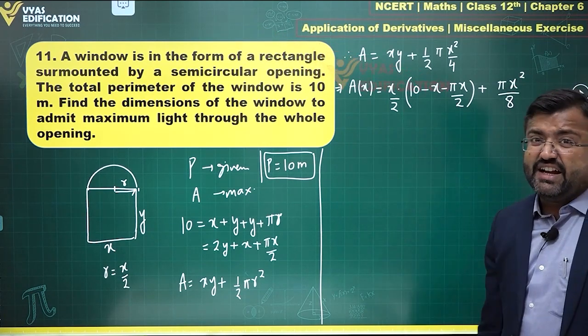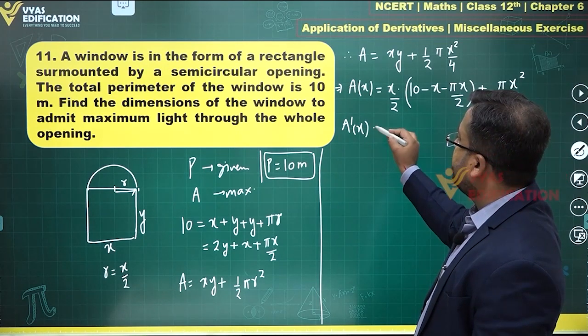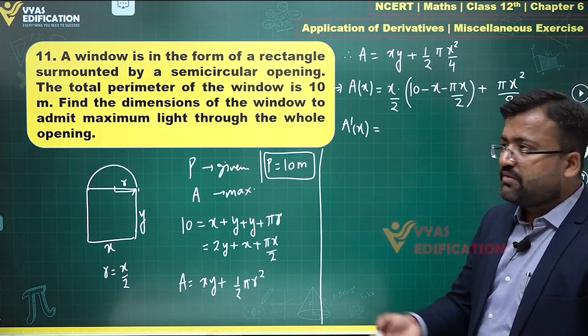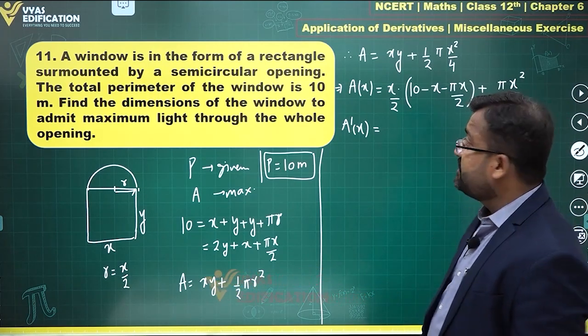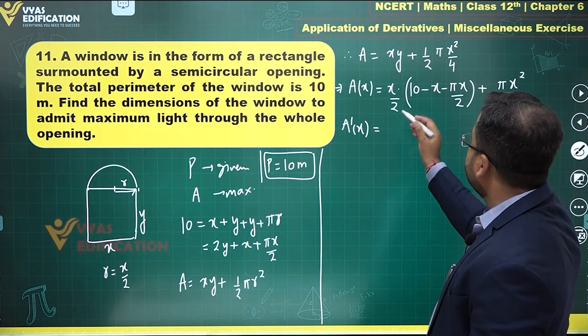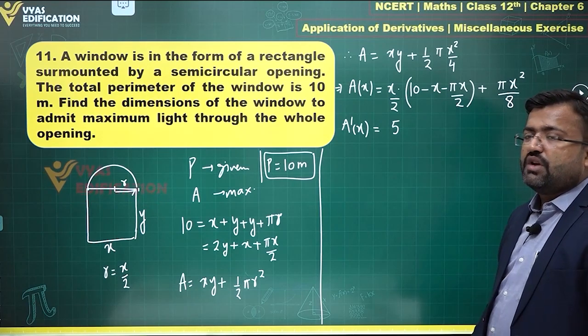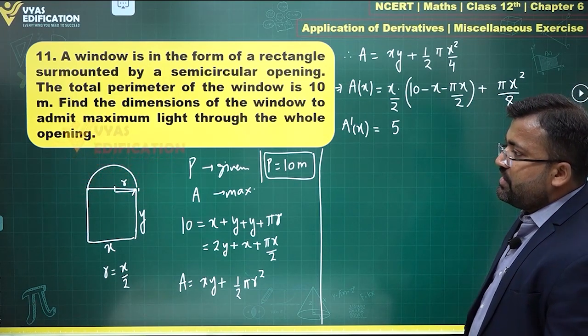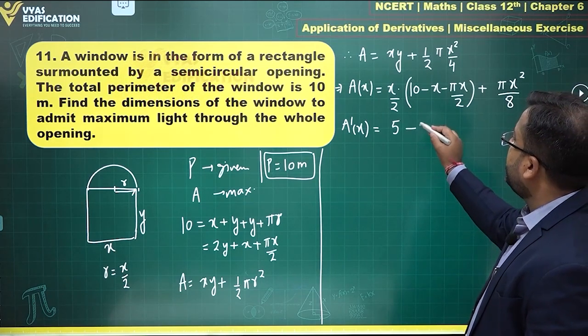Now we have the complete area in terms of x and we can differentiate this with respect to x to get the minimum and maximum values, whatever is required. Maximum light implies maximum area is required. So this becomes 10x by 2 which is 5x, the derivative is 5. Minus x square by 2, the derivative will be minus 2x by 2 which is minus x.